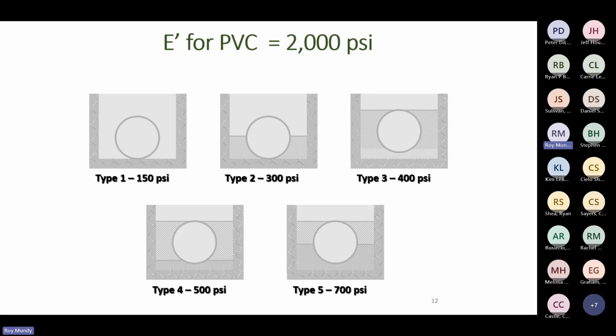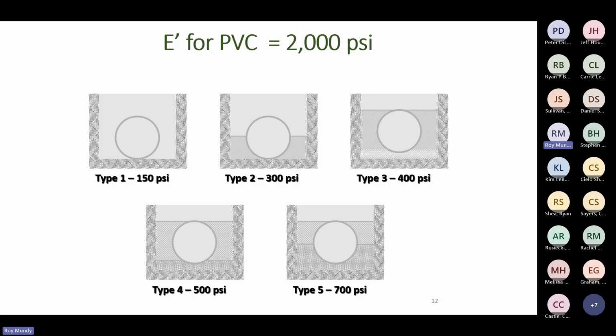But in reality, the type 1 trench is basically a trench where you excavate the trench, you put the pipe in the trench, you take the native soil, which should be acceptable and compactable and so forth, and place it back in the trench and properly compact it. That basically is a type 1 trench.